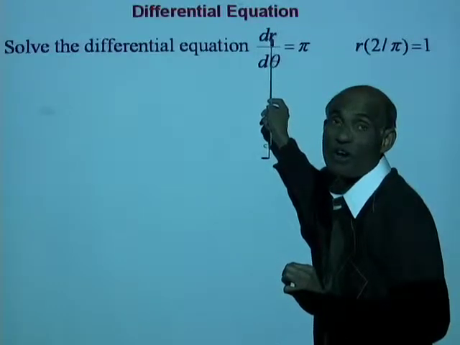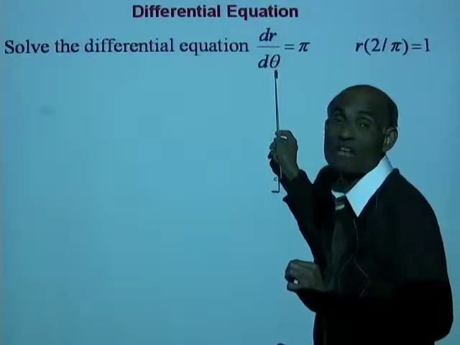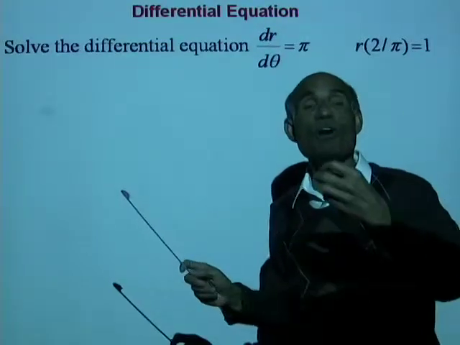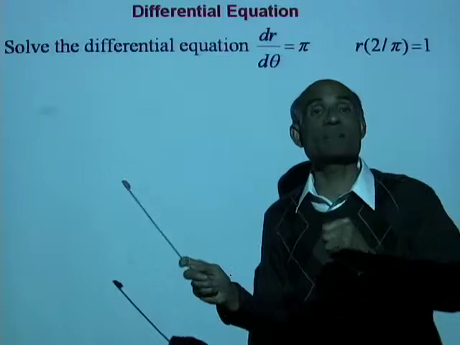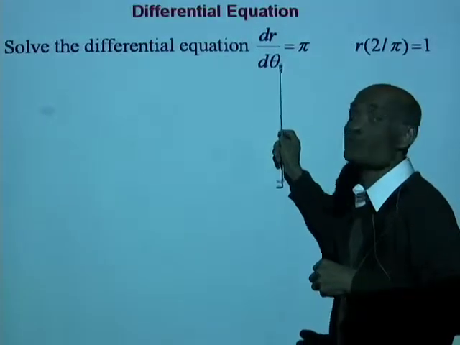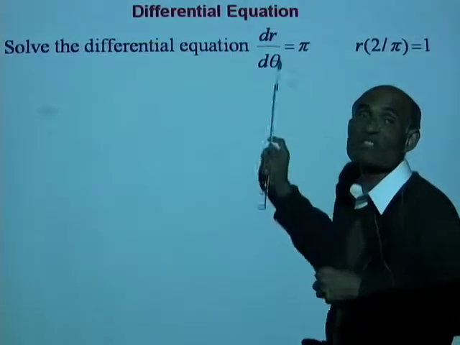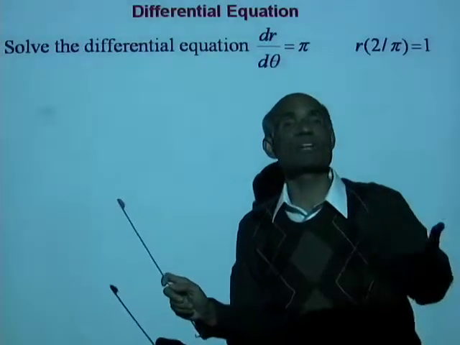The function is r, the independent variable is theta. dr by d theta is the derivative of r with respect to theta. Because this is the derivative of a function, the equation that contains that is called a differential equation.